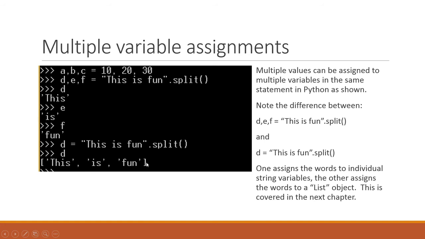And you can see it's displayed as a list when I go to display it. That's very different than doing d, e, f, where this is actually passing the three words to three variables. The other is passing these three words into a list of words. Okay, just want to point that out again. We'll be talking about lists a little bit in the next chapter. Wanted to make sure you were clear on that.